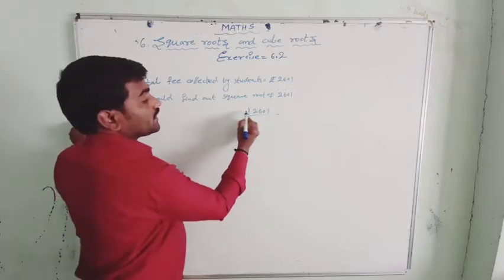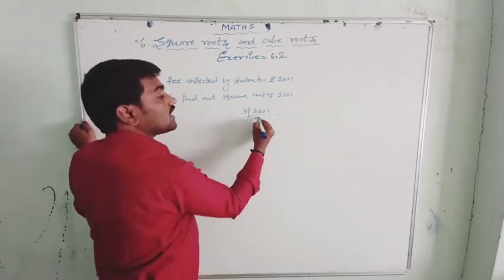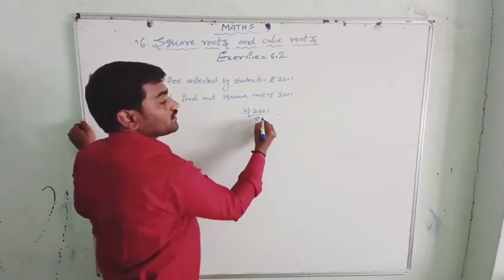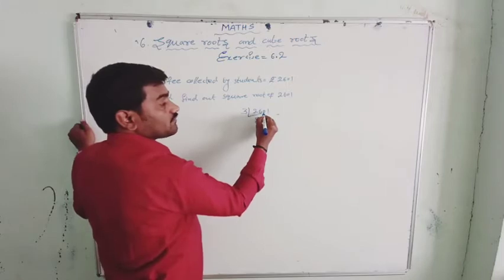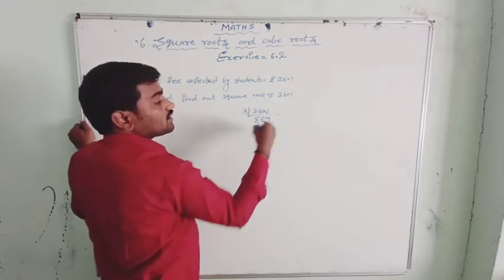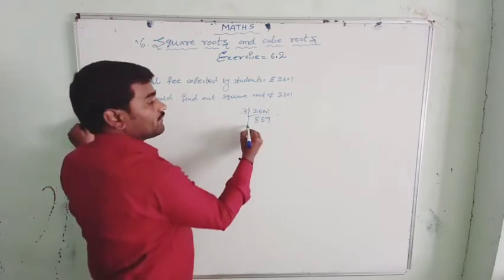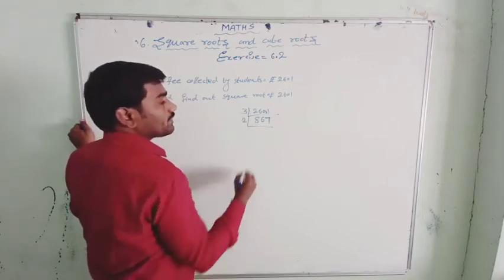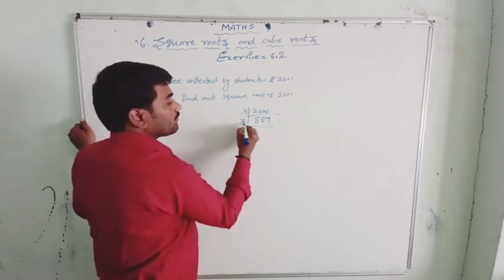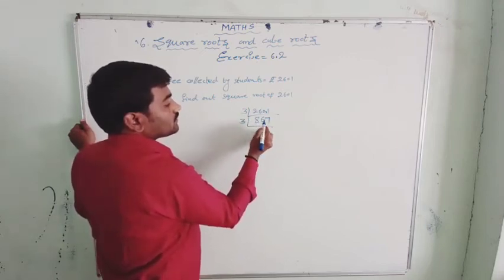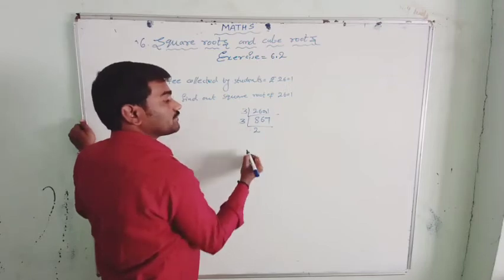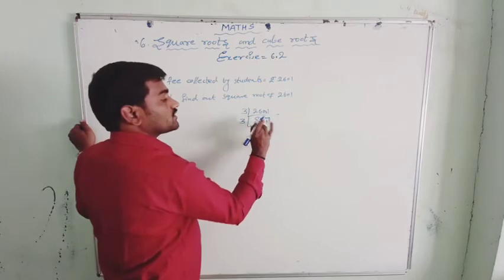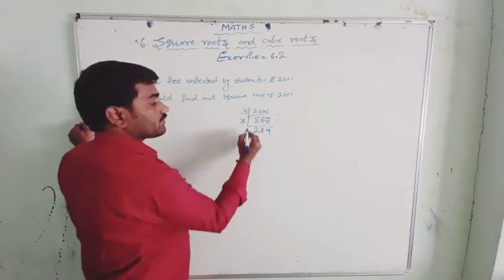It is 8 and 9, the 3 table. 3 8s are 24, 2 left, that becomes 20. 3 6s are 18, 2 left, that becomes 21. 3 7s are 21. Again, the 3 table: 3 2s are 6, 2 left, 26. 3 8s are 24, 2 left, 27 and 9.